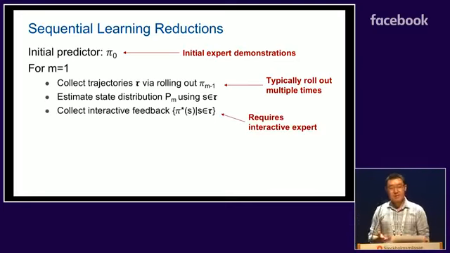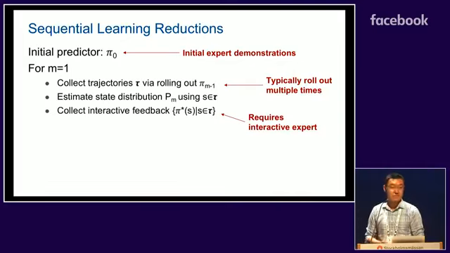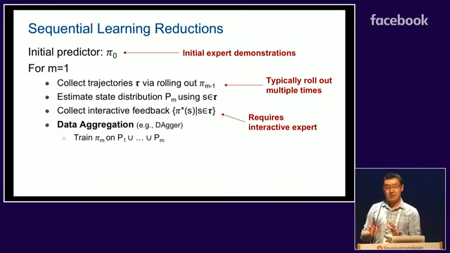For every state in the trajectories in this rollout, we collect interactive feedback from the expert, what the expert would have done had the expert entered this particular state. And then the details differ a little bit depending on the specific algorithm. On one side, we can do what's called data aggregation.